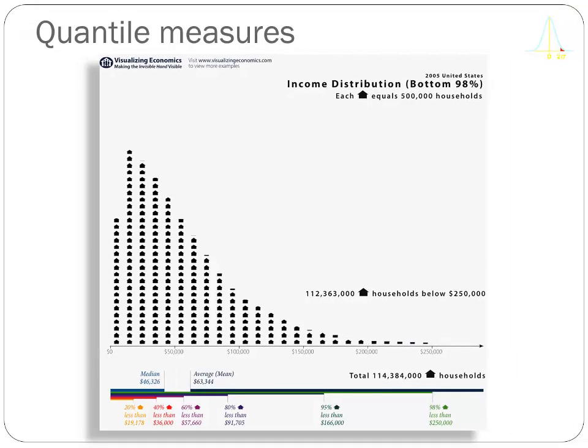It shows us that income is skewed to the positive side because of the difference in the median and the average. And then we get these different quintile or quantile type measures, which indicate the percentage of people below particular values. It's a nice way of giving you information to put yourself into the scale to understand the distribution of income.